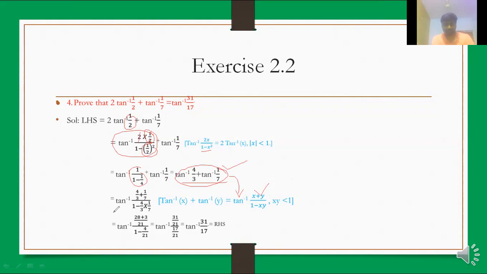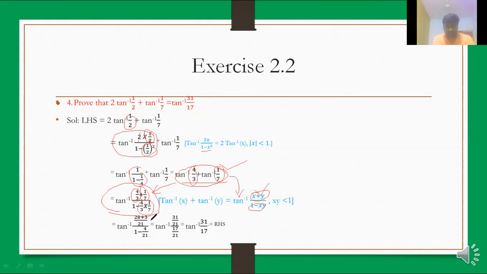Anyway, so tan inverse of 4 by 3 plus 1 by 7. Tan inverse of x plus y by 1 minus xy. What is x here? 4 by 3. What is y? 1 by 7. Substitute there in that formula. Clear?